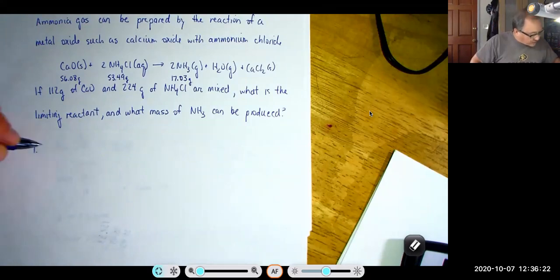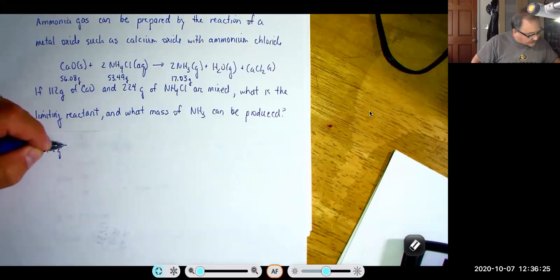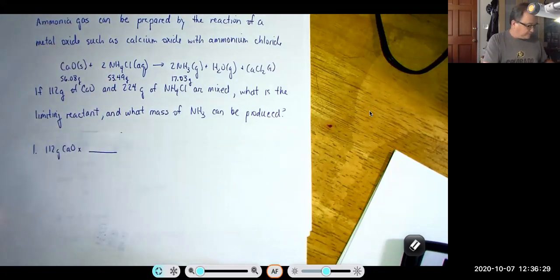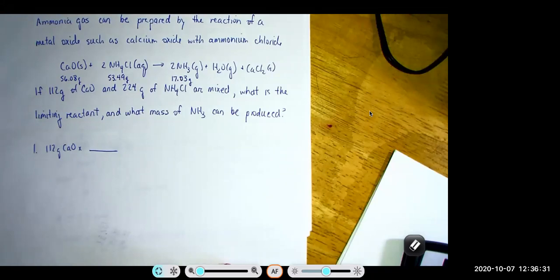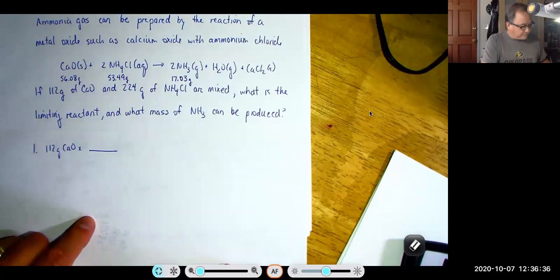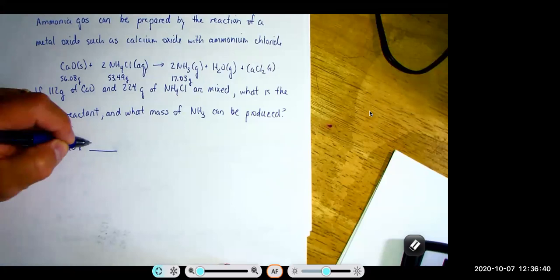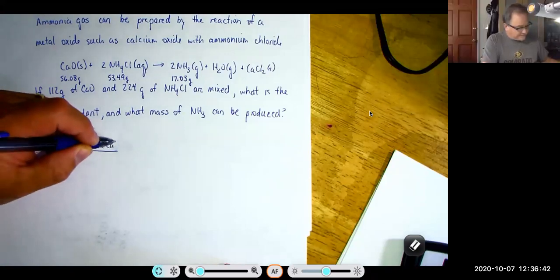Okay, so we're going to start with 112 grams of calcium oxide and multiply by what? 224 grams of ammonium chloride on top? No. Here's a hint.